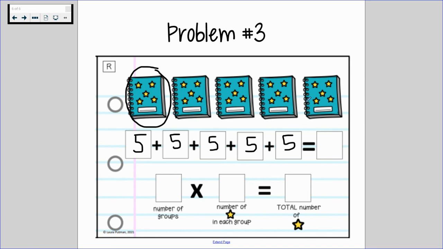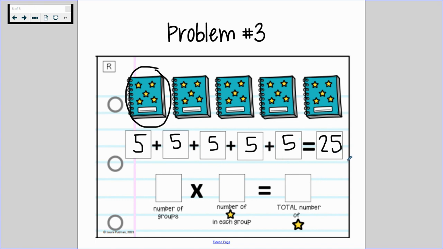So this is where the skip counting strategy could come into play. So they could say 5, 10, 15, 20, 25. And they wouldn't have to spend all this time counting up those stars. So they can look at this repeated addition problem and just count by 5s and get a total of 25.